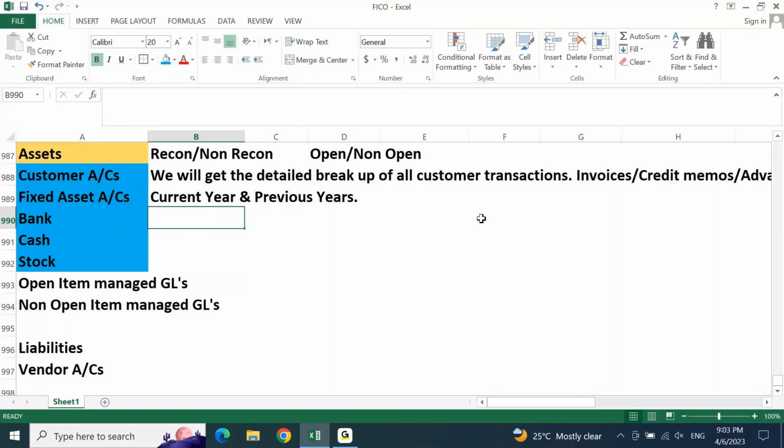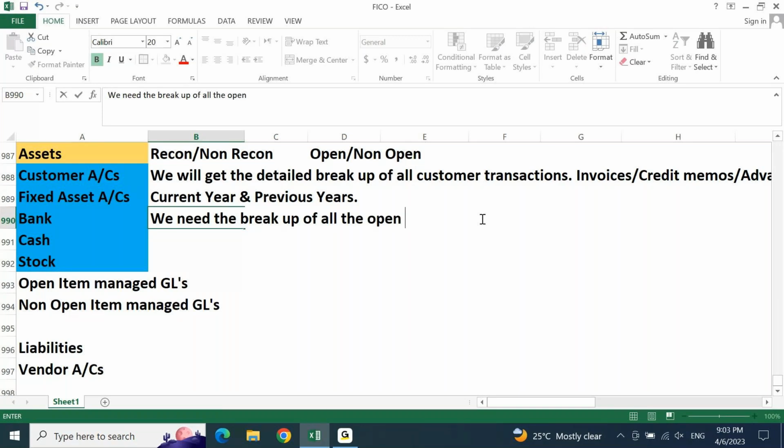Here we need the breakup of all the open transactions of bank main and sub GLs.